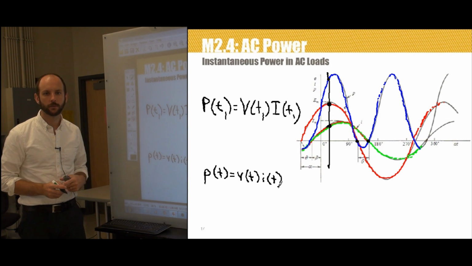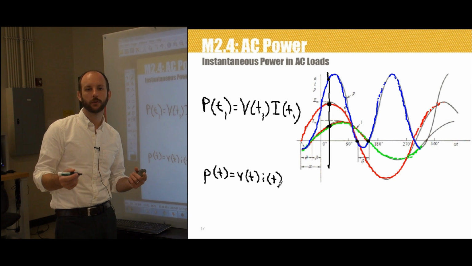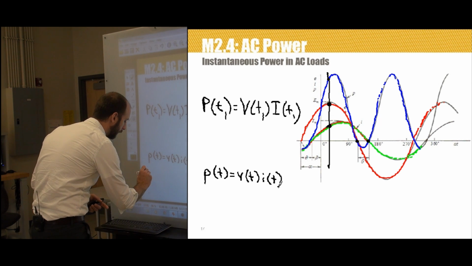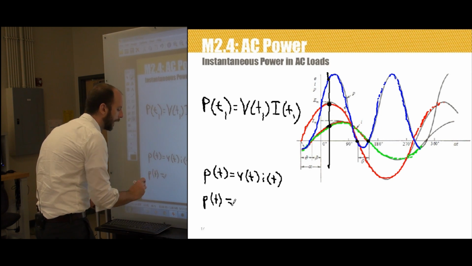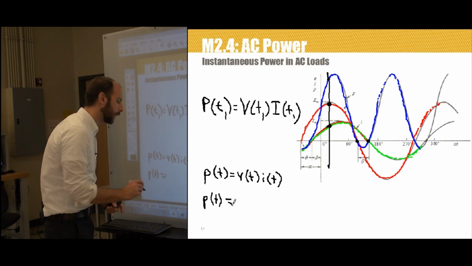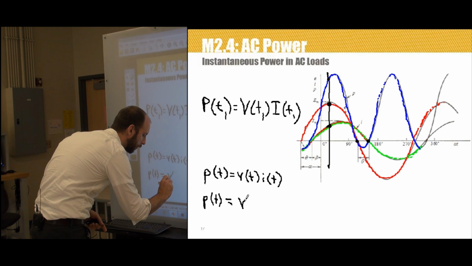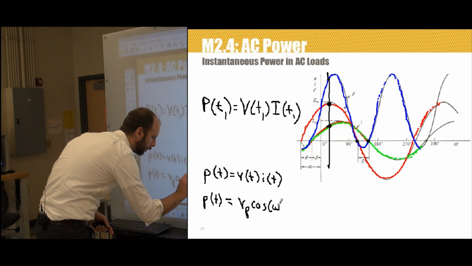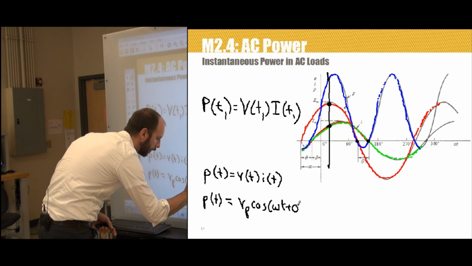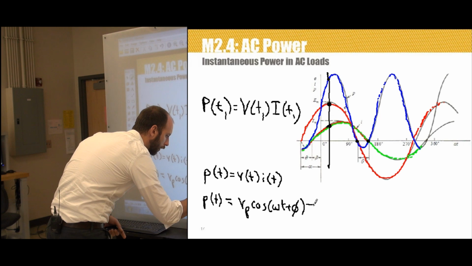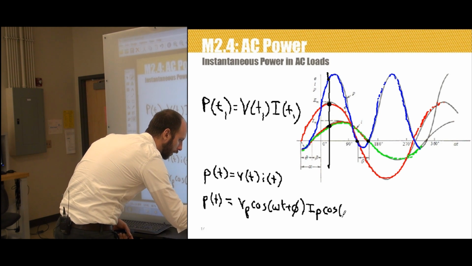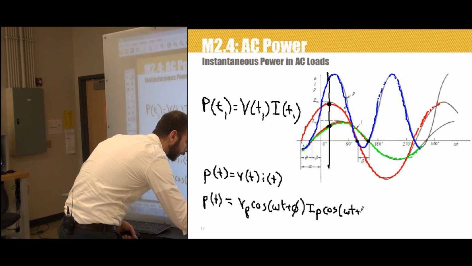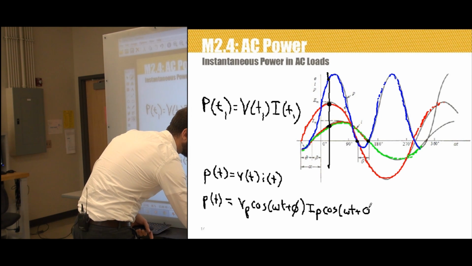If I were going to write this in terms of the sine and cosine functions, I would say the time variant power function, or the time domain power equation, is equal to Vm, the peak value, V peak, cosine of omega t plus phi, times I peak, cosine of omega t plus phi.